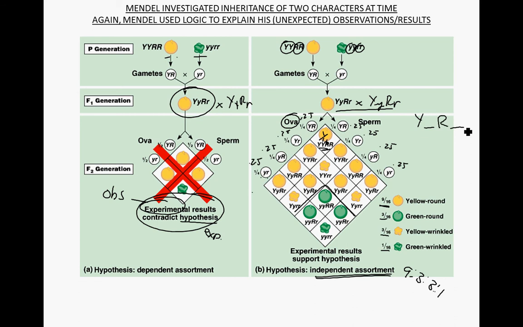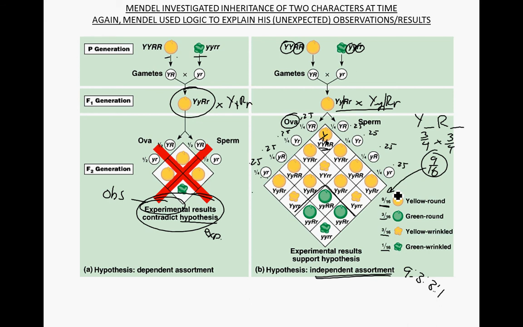So what's the probability from this big Y, little y, big Y, little y cross of getting that? Well, that is 3 out of 4. What's the probability of getting big R, anything there? That's also 3 out of 4. Probability of both of those two things there is of course 9/16. You multiply this together, that's 9/16, right there you go.